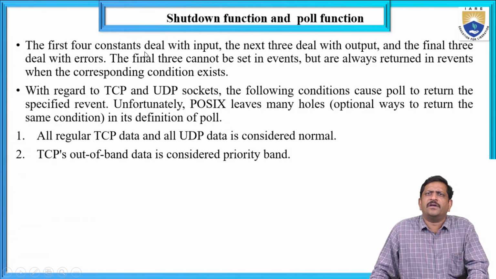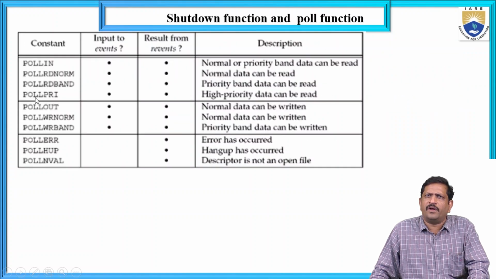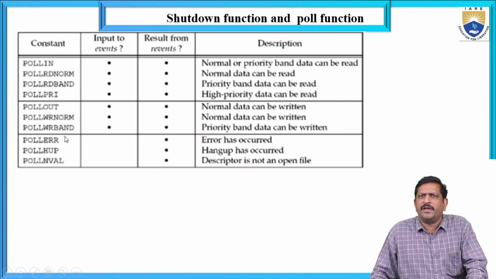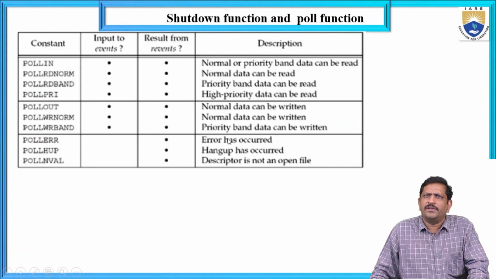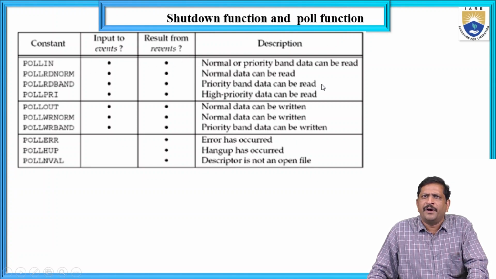The first four constants deal with input, the next three deal with output, and the final three deal with errors. Now the first four constants are for normal or priority band data that can be read, and normal data can be read, and priority band data can be read.